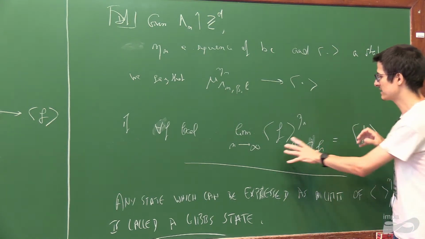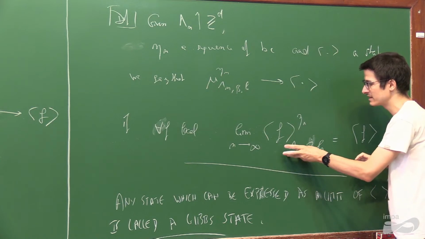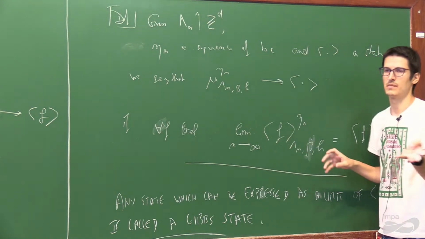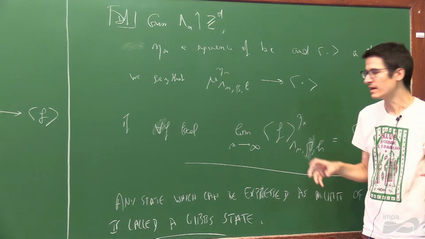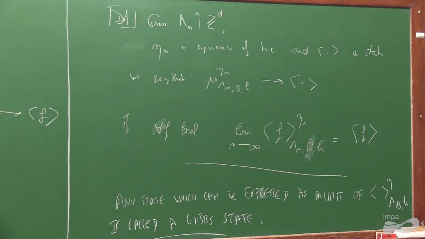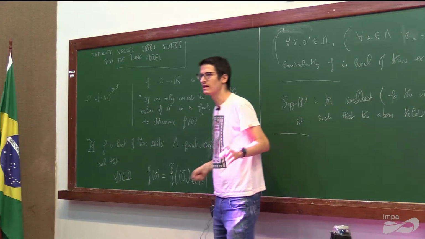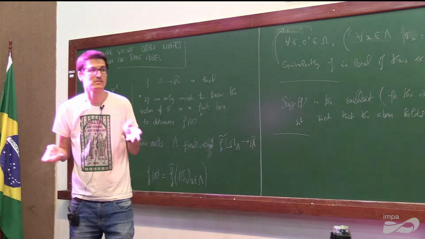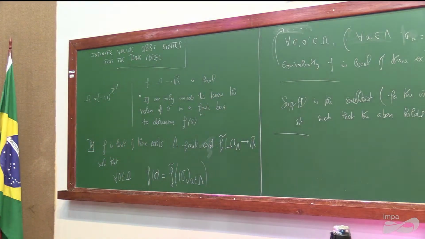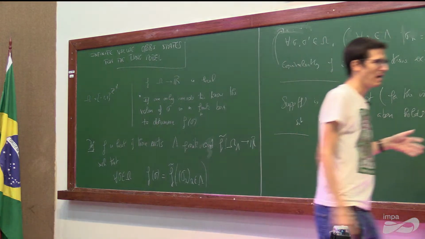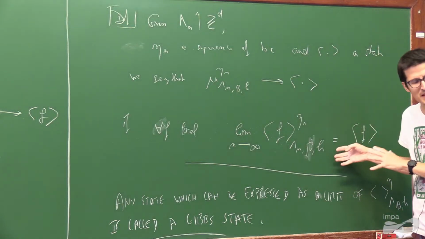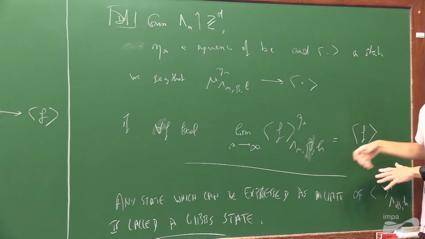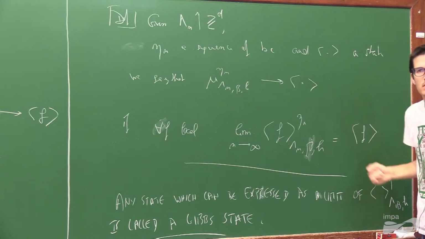This makes sense only if n is sufficiently large so that the support of f is included in lambda n, in which case f is replaced by the corresponding f tilde, which is different for every n, but it doesn't matter. All of this is a bit technical. It's just to say that we are not leaving rigor away, but you're just doing the intuitive thing, the right thing.